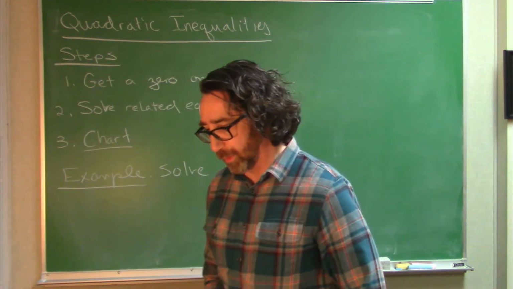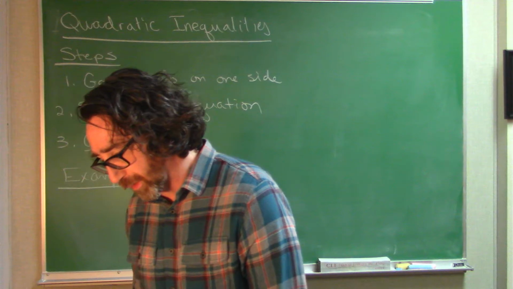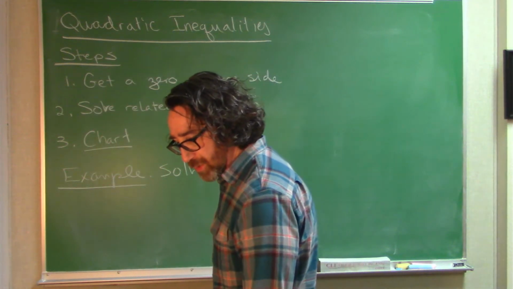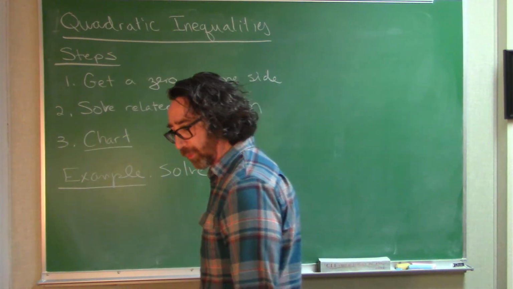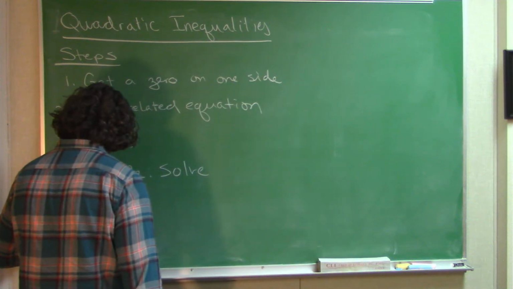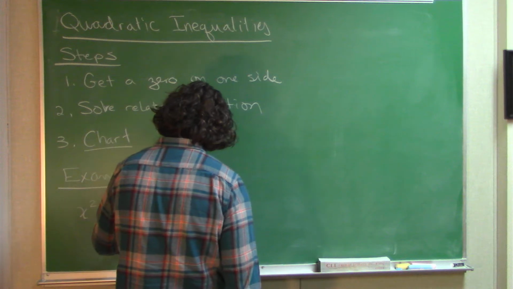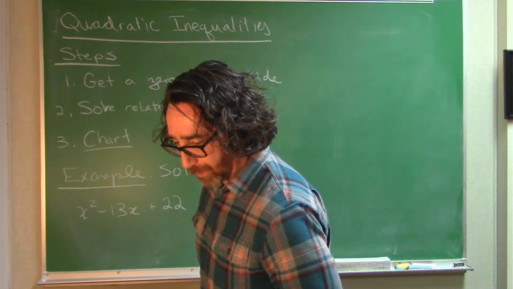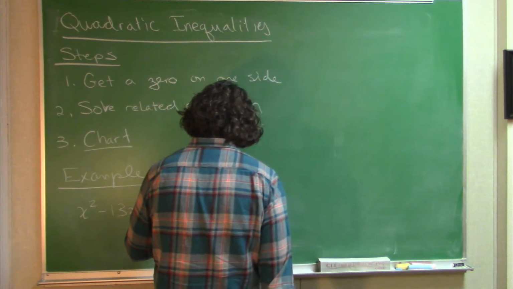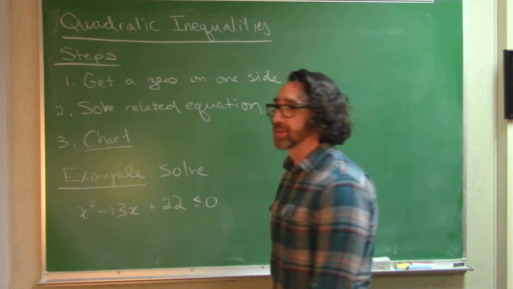Okay, so what I want to do is solve this inequality, x squared minus 13x plus 22. I want to figure out where that is less than or equal to 0.